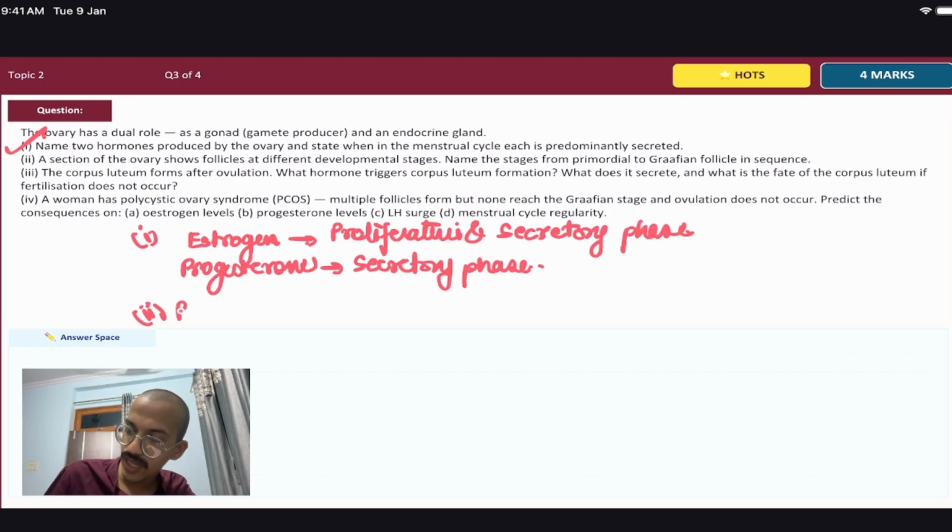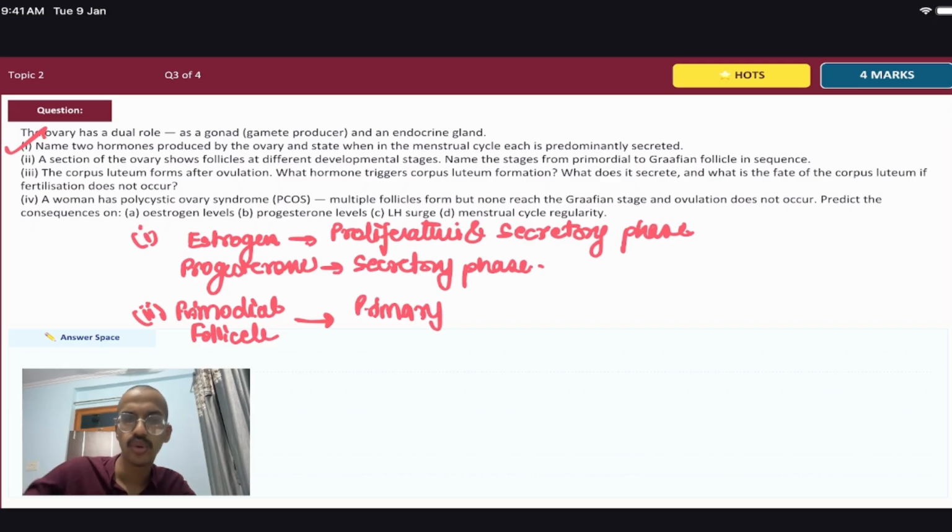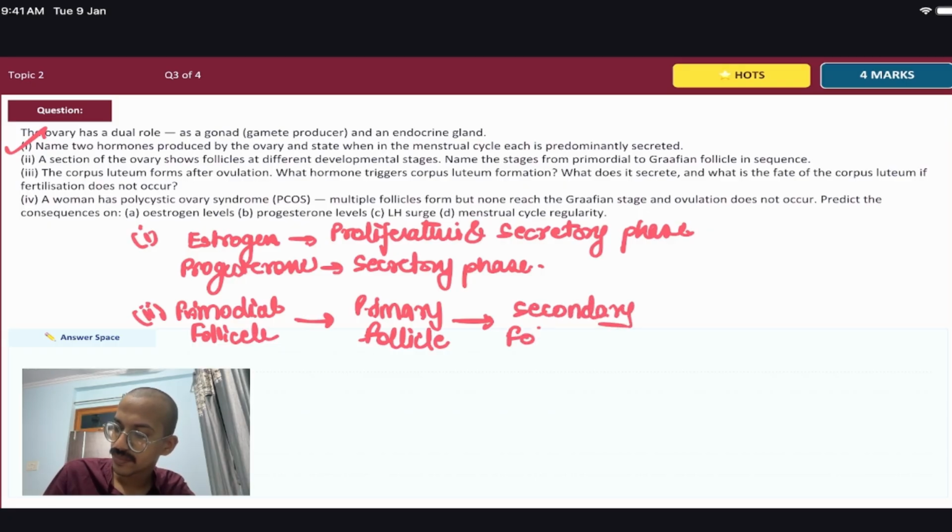So we have primordial follicle, then primary follicle. Make it like a flow chart. Then we have secondary follicle, then tertiary follicle, then the Graafian follicle.